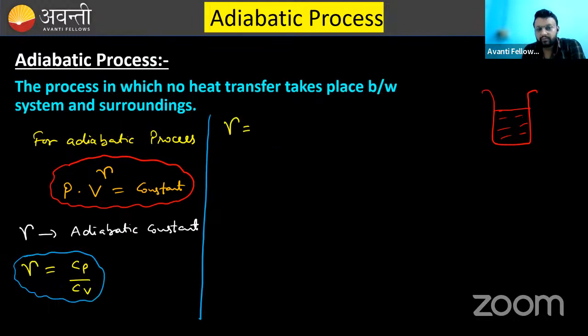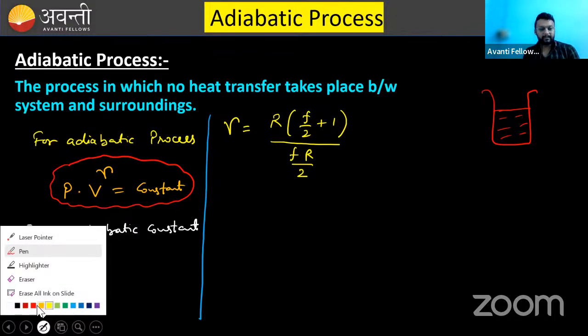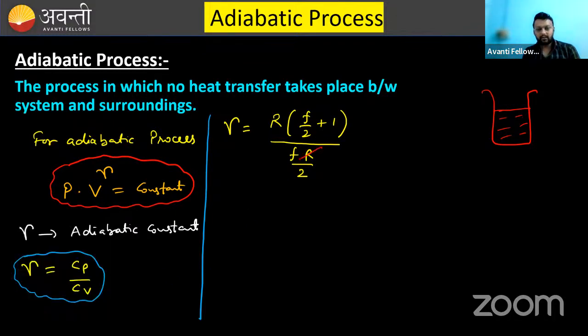Gamma is equal to Cp, which is R into f by 2 plus 1, divided by f R by 2. Now you can cancel out a few things. R and R get cancelled.